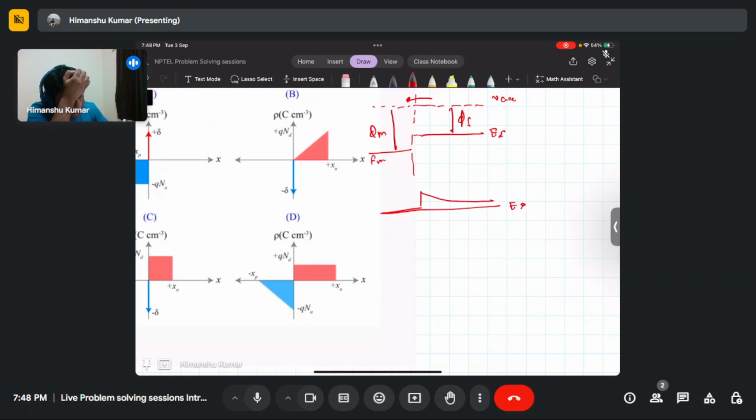This is N type, and this is also N type. At the interface EC minus EF becomes larger, and as you go further EC minus EF reaches its equilibrium value. So at the interface the semiconductor becomes less N type, which means the electrons have been depleted.